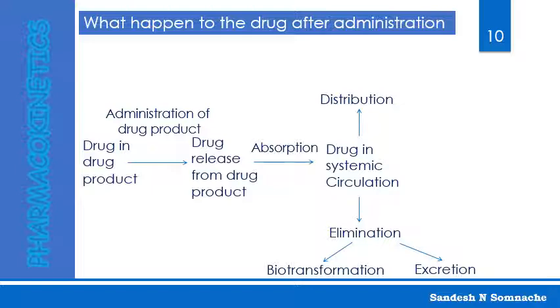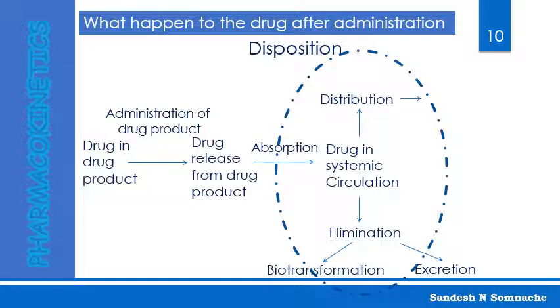Biotransformation is a chemical alteration of drug inside the living organism, while excretion is a transfer of drug or metabolite from internal to external environment, and collectively it is all called disposition.